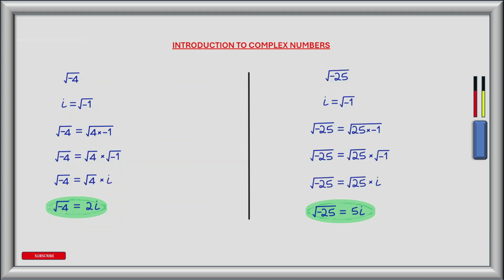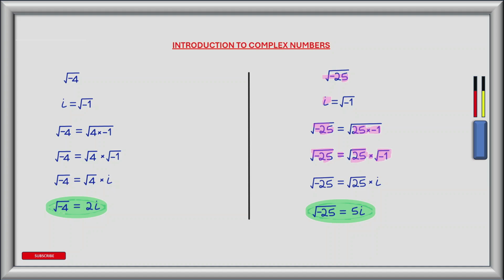Let's suppose we want to find the square root of -25. Now the square root of -25 can be written as the square root of 25 multiplied by -1. If we simplify this further, the square root of -25 is equal to the square root of 25 multiplied by the square root of -1.